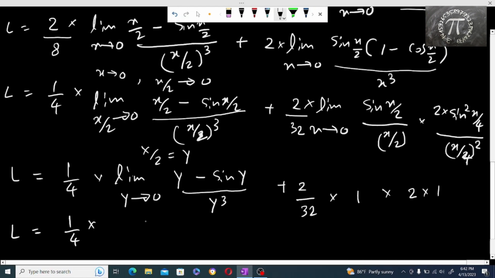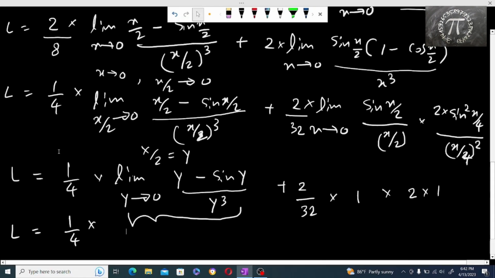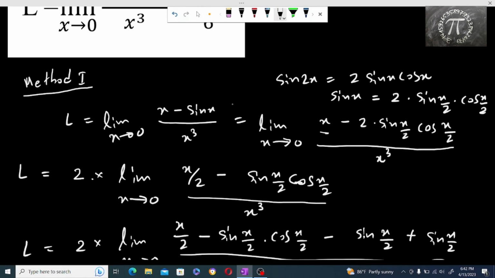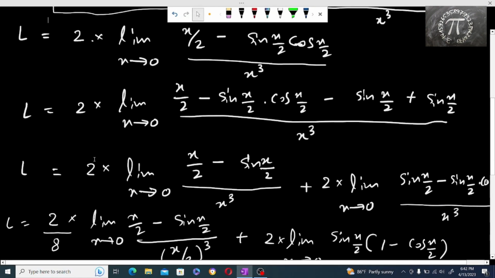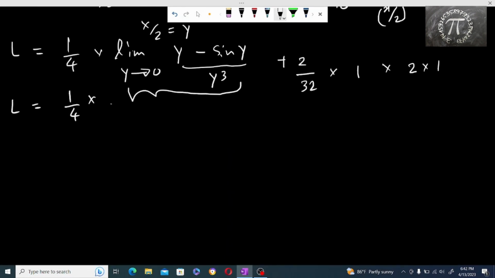If you noticed, this part is the same as our original limit problem, so we can put L there: 1 over 4 into L, plus 2 into 2 divided by 32.